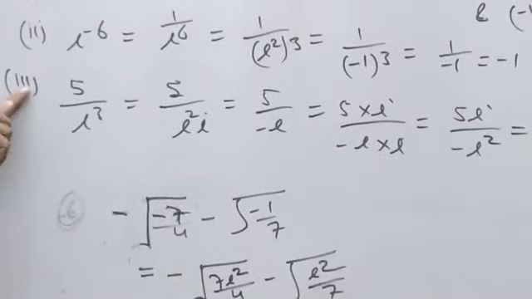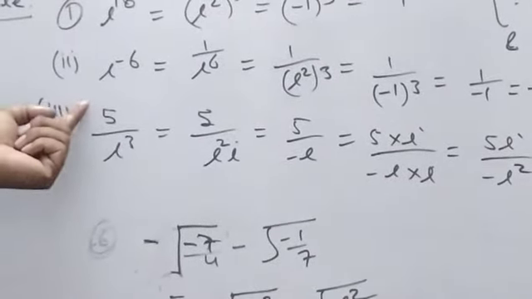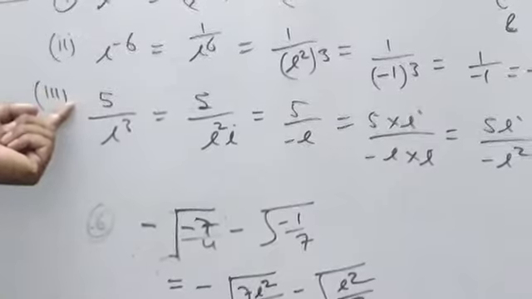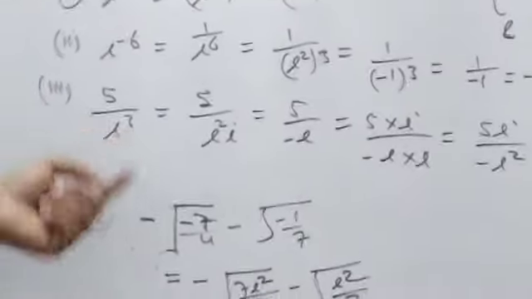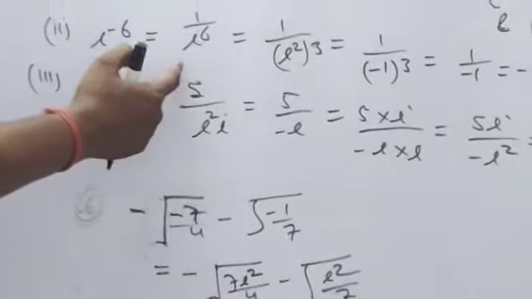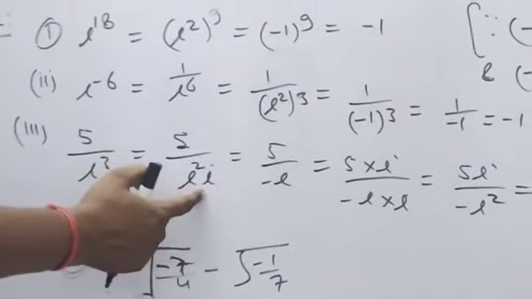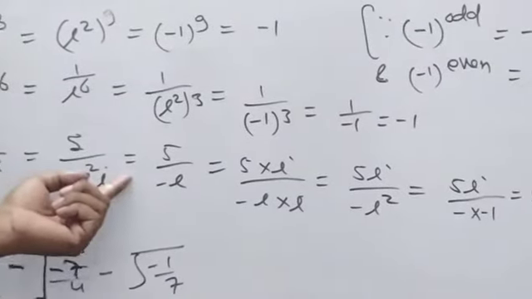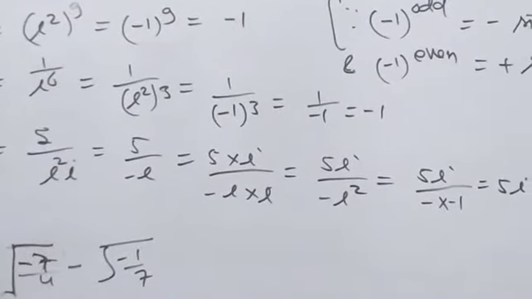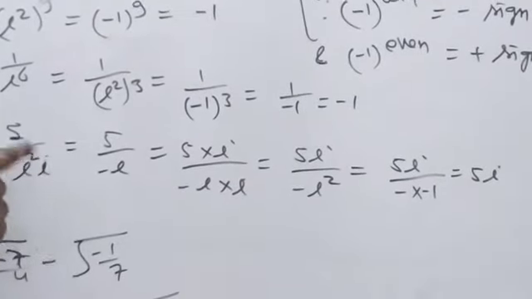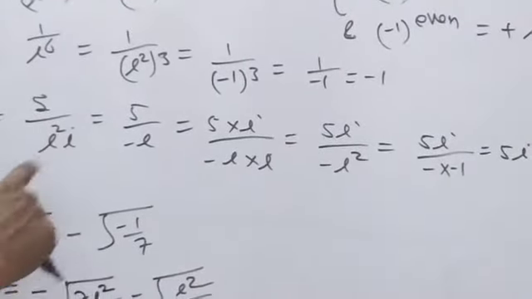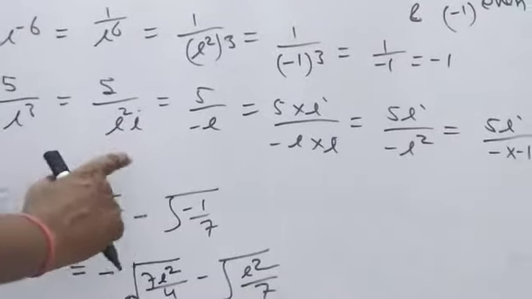Now question number 6, 3 part. 5 upon i power 3 is equal to 5 upon i square into i. Why? Because we know the value of i square, or we can write also i power 4 power something.